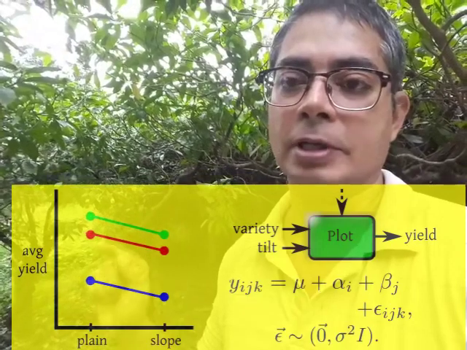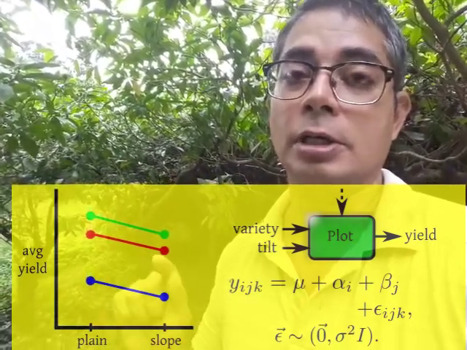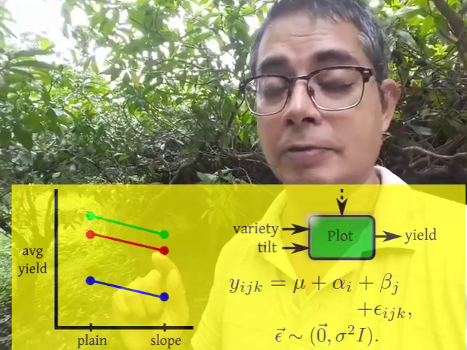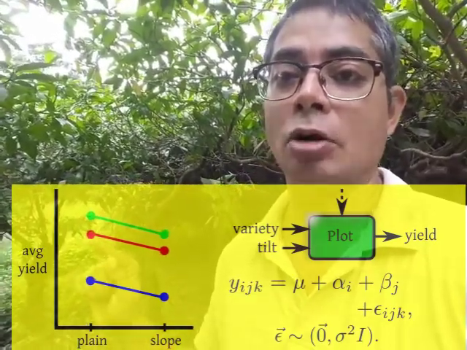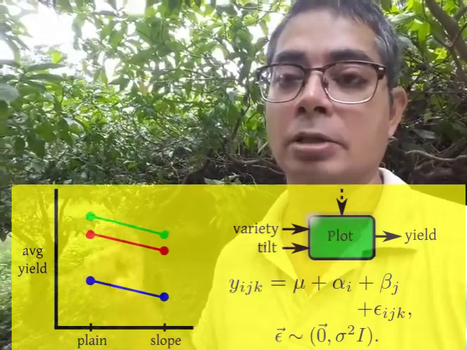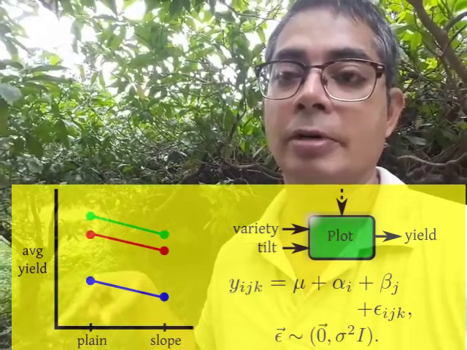So in this case, for example, this red line stands for the first variety, and this was tilt is plain, so the height of this red dot is on the average yield axis.